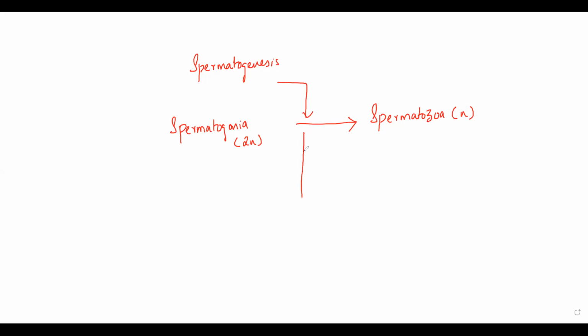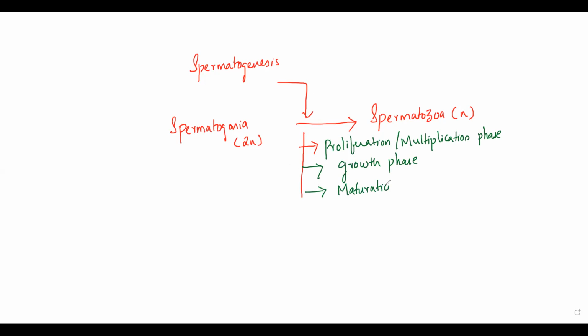But this process can be broadly divided into multiple steps, where the first is the proliferation process, or what we call the multiplication phase. The next is the growth phase. And next is the maturation phase.